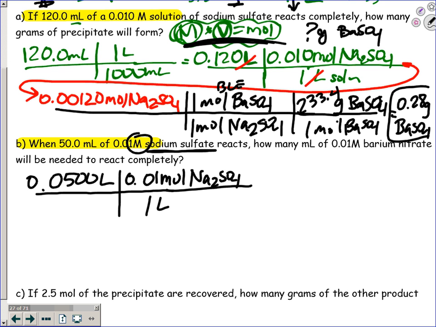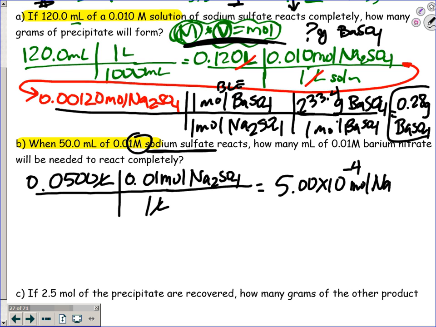This is always moles per 1 liter. Okay, so liters cancels, and this gives us what? 0.0005. Oh, I don't like that. I'm going to go scientific notation. 5.00 times 10 to the negative third. Oh, sorry, that is fourth. Sorry, human calculator occasionally fails.